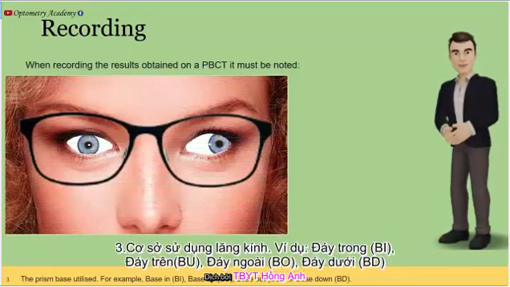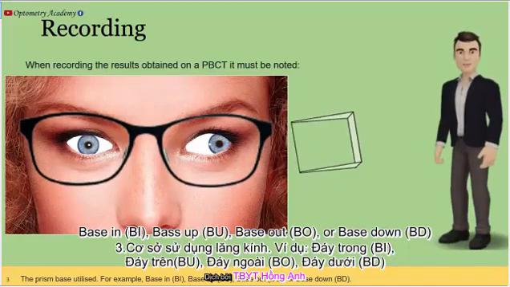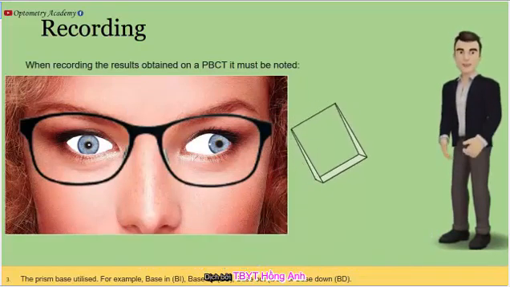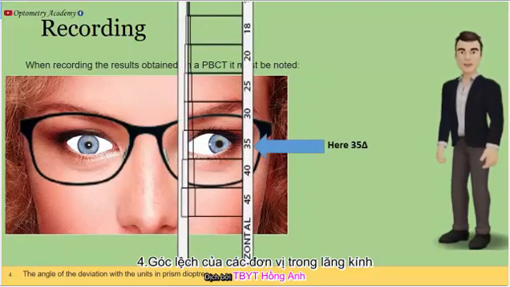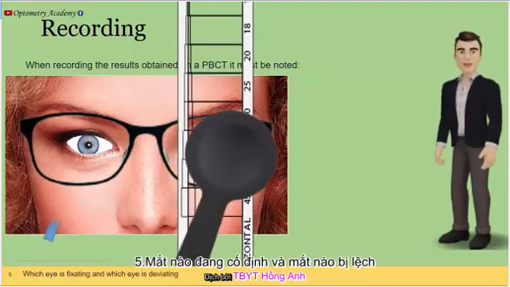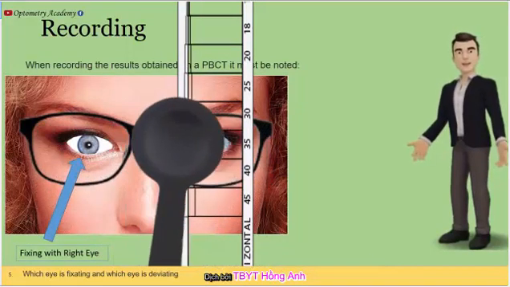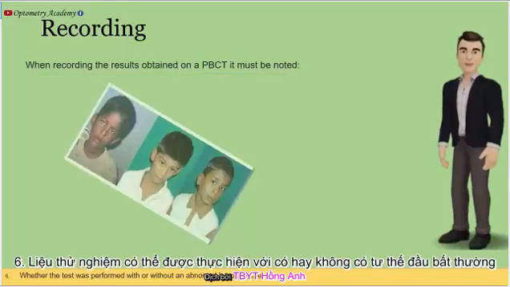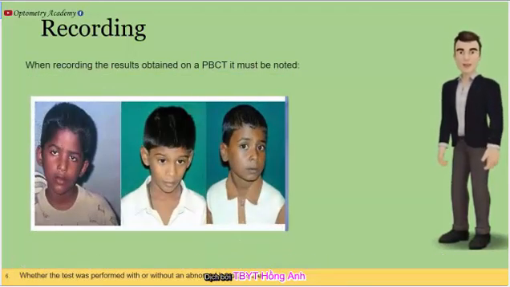The prism base utilized, for example, base in, base up, base out or base down. The angle of deviation with the units in prism diopters, which eye is fixating and which eye is deviating, whether the test was performed with or without an abnormal head posture.